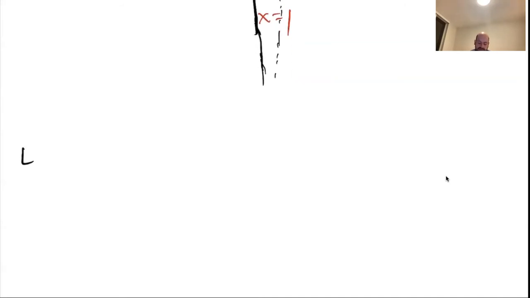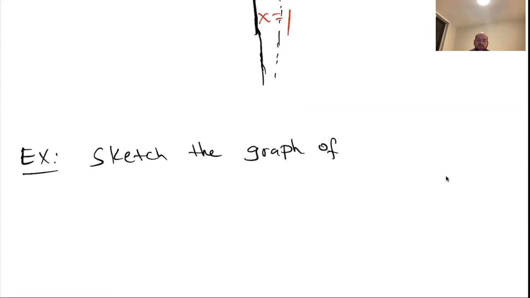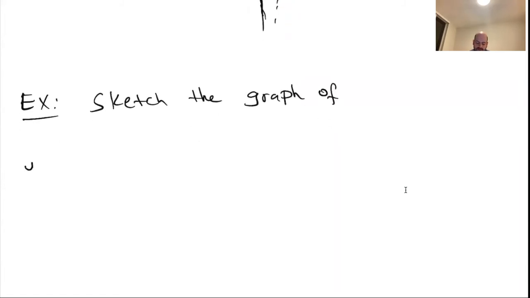Now let's look at another example. Sketch the graph of, this time, y equals f of x equals 2x squared minus 8 divided by x squared minus 16.